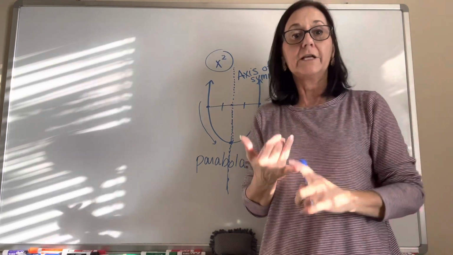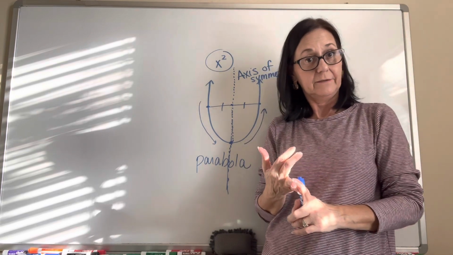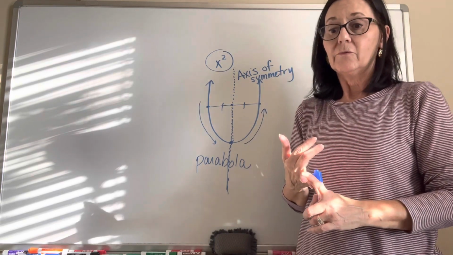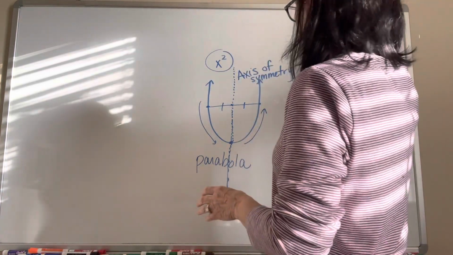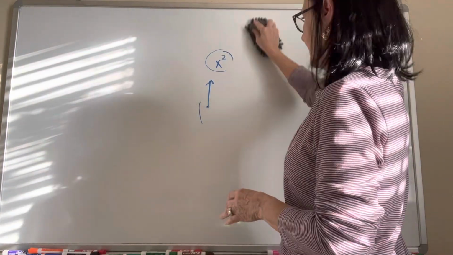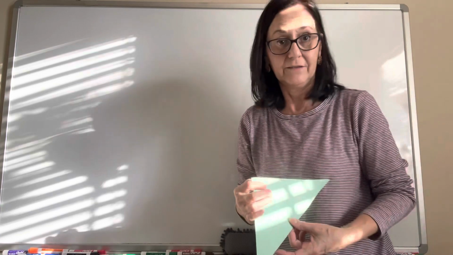So we have rotation symmetry. We have line symmetry. And we have translation symmetry. All right? Translation symmetry happens when we have an isometry and an object is translated, right?